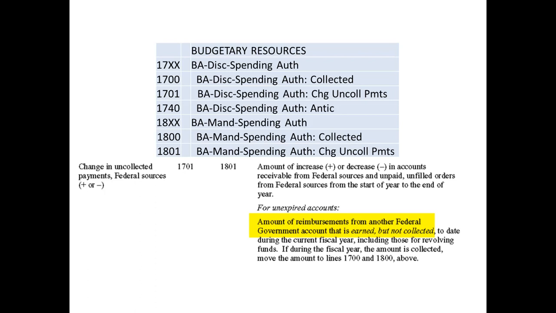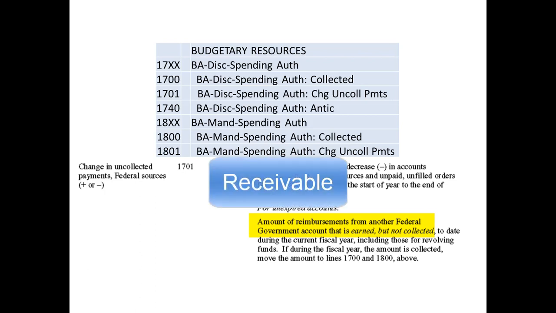Accountants call this amount receivable. That means that work has been done based on an agreement between federal agencies, that is, earned, but has not been collected. An entry on this line reduces the amount previously anticipated on line 1740 or 1840.